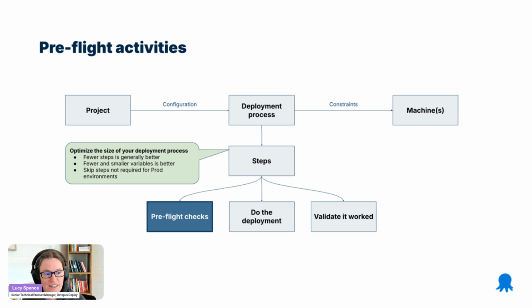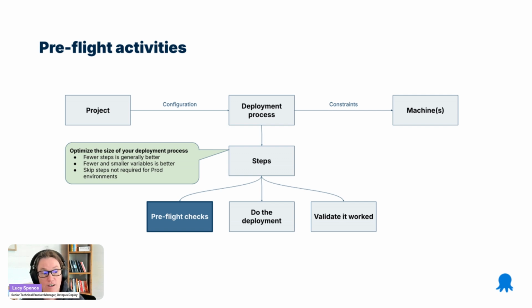When I talk about optimizing this, I'll give you some guidance in terms of the number of steps. It doesn't have to be none, or a very low number. 20 steps would be quite normal. If you're getting up over 50 towards 100, you might want to think about whether you can reduce that number of steps.